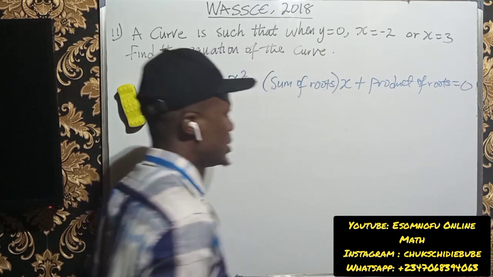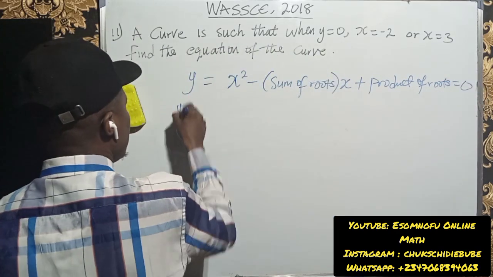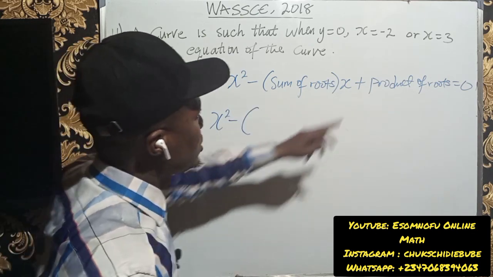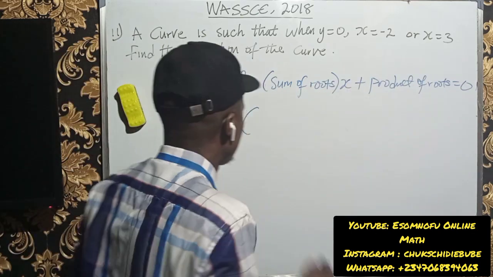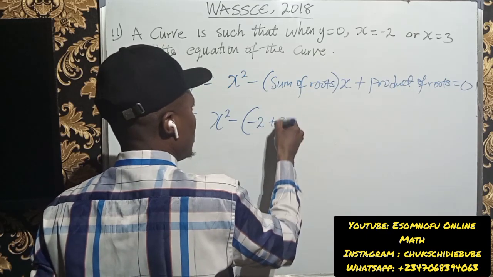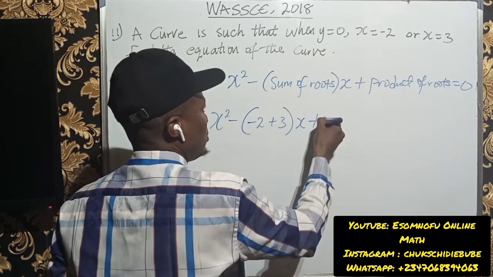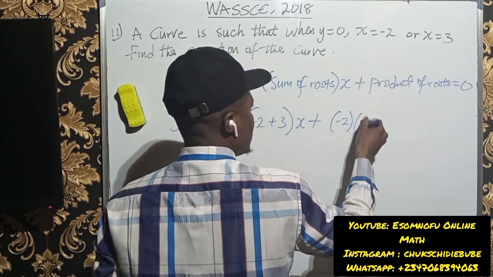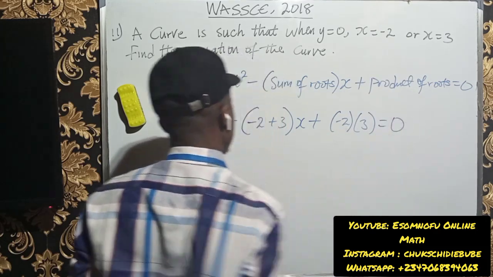That is the pattern. So you now see that y equals x squared minus sum of roots. There are two roots there, minus 2 and 3. So we sum them, minus 2 plus 3, you attach x, plus product of the two roots means multiplying both of them, minus 2 times 3 equals 0.